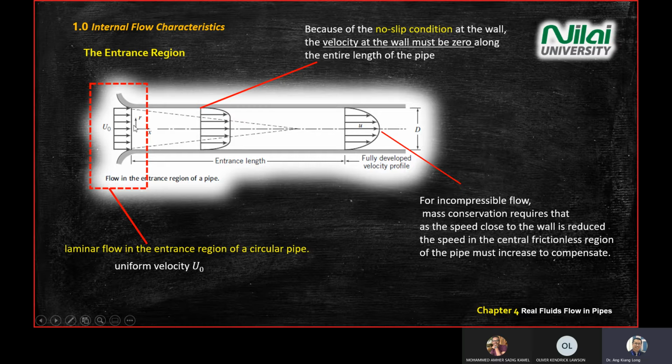And if you look at the axis that we have earlier, if your r equals 0, you get u max. If your r is increasing until the maximum r, or your D divided by 2, capital R here, your u will become 0. So you have two boundary conditions here. One is at the center, one is at the wall there.